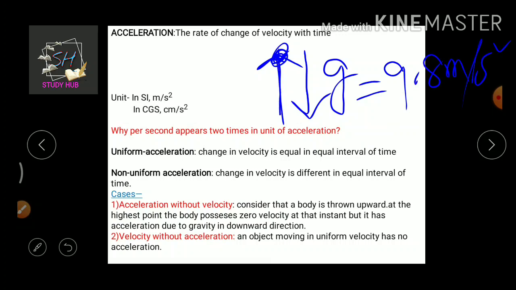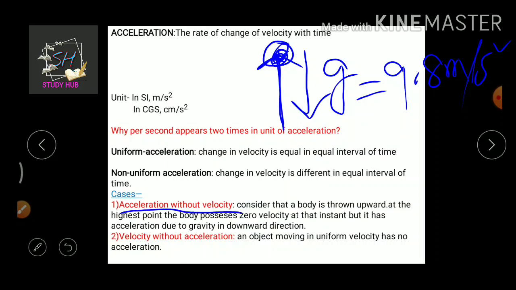So when we throw a body upward, then at the top, when this body comes to rest for some instant, at this point it has zero velocity, but it also has an acceleration, which is gravity. So this is the case of acceleration without velocity.